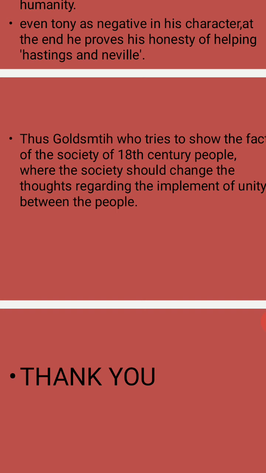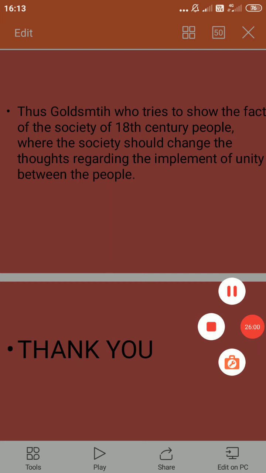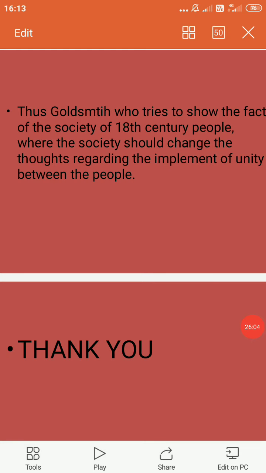It is a very simple drama with very limited characters. It's very easy to understand. The important thing here is the concept and what Oliver Goldsmith used here, and the themes Goldsmith has put forward, and the ideas Goldsmith tries to implement on the people of the 18th century, and particularly the critical analysis, how he criticizes the people of the 18th century and what the reflection of the people in that society was during that period.